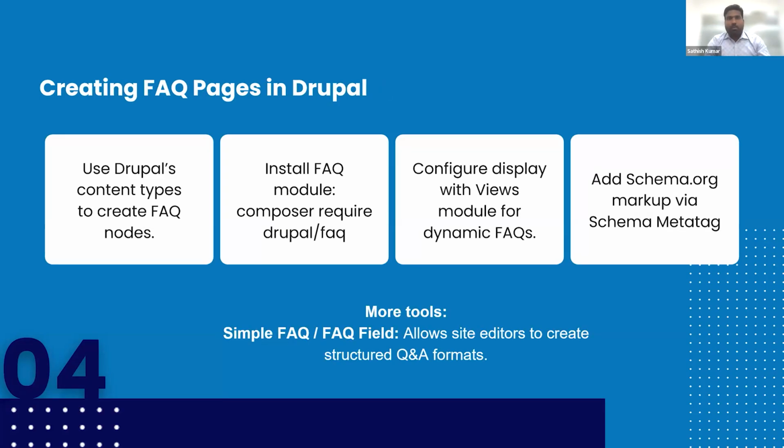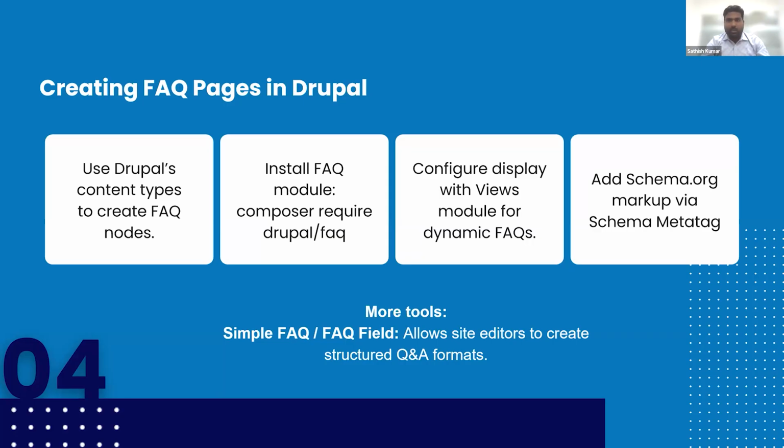As I said, create more FAQ pages. This is the most important thing. There are tools out there, simple FAQ field modules are out there. Try to create those kinds of FAQ sections on your web pages, or at least create views for these FAQs.